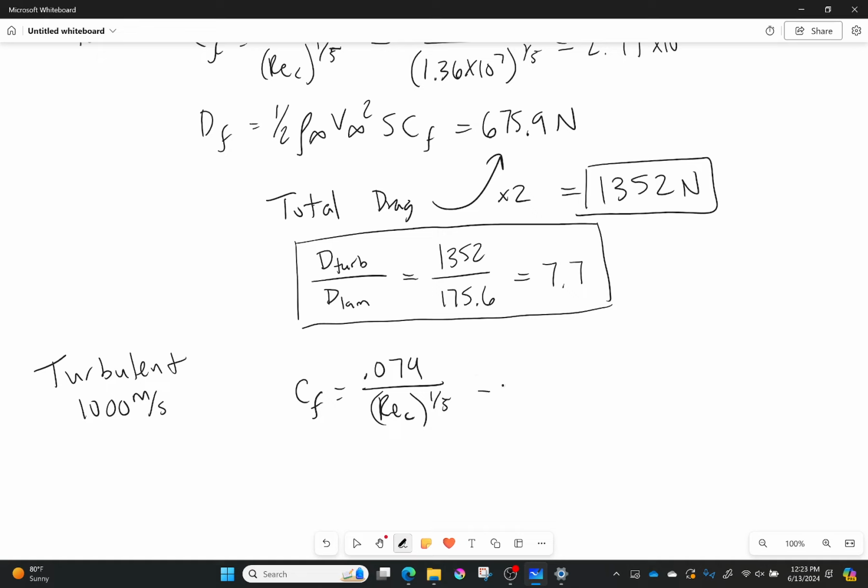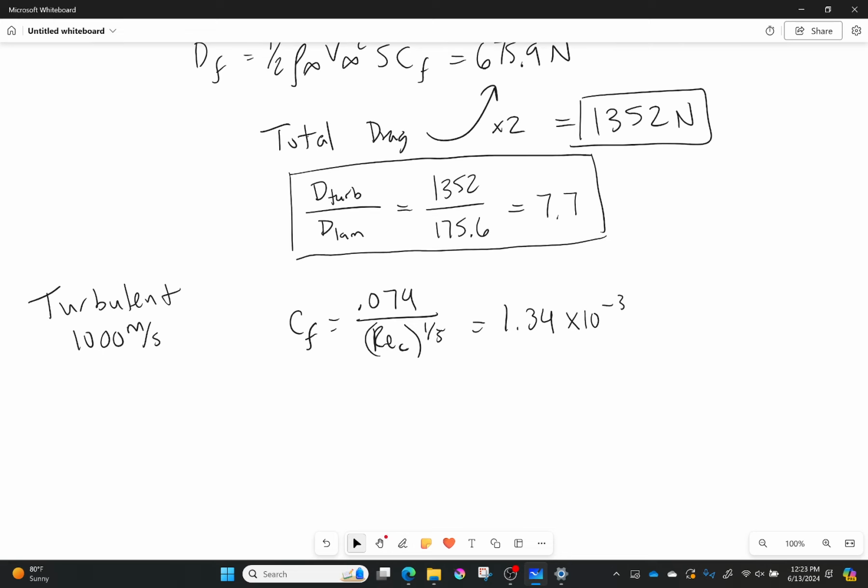And that comes out to be 1.34 times 10 to the -3rd. And so my drag force, calculated based on that, is simply going to be equal to 32,700 newtons. And my total drag will be that times 2, 65,400 newtons.